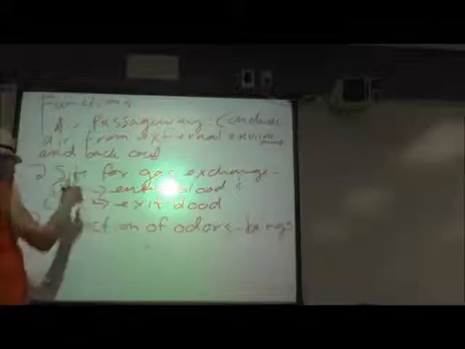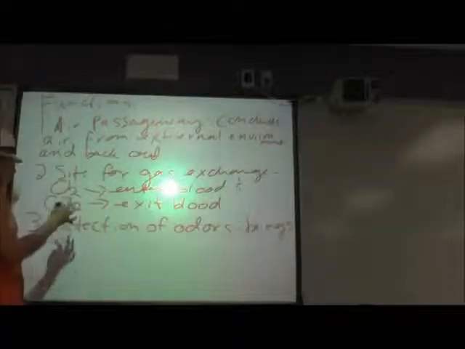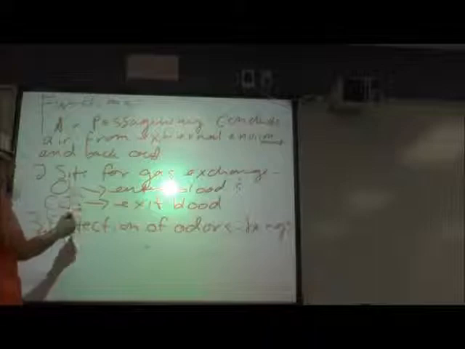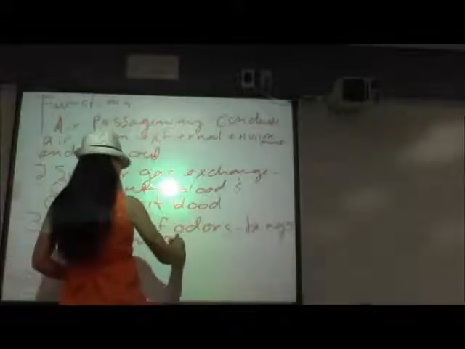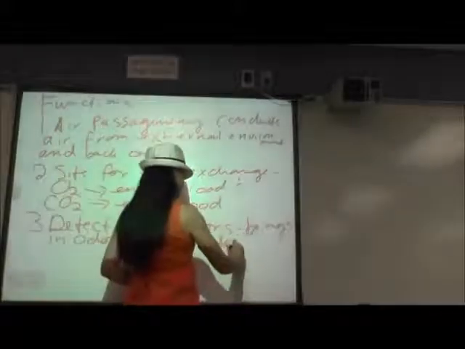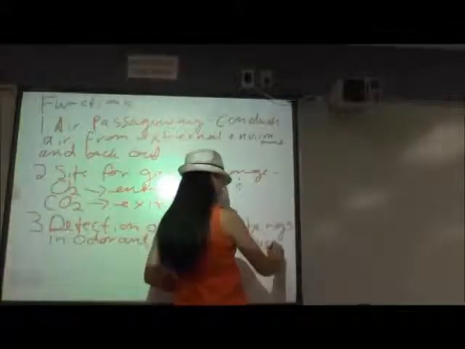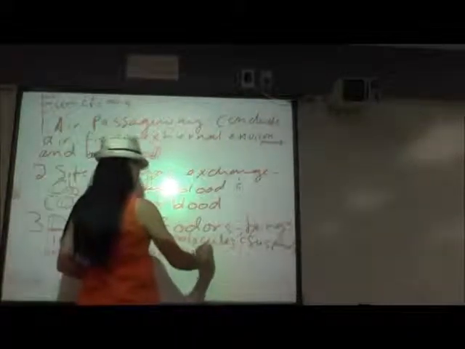So we've got to suspend those odorants in mucus so that we can then detect them with those receptors. Say that the olfactory epithelium is located at the superior nasal concha.